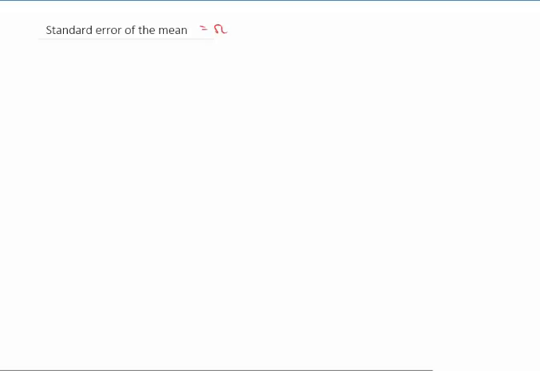So the standard error of the mean, or SEM. So what we're getting at is, does the mean of your sample accurately reflect the mean of the whole population?